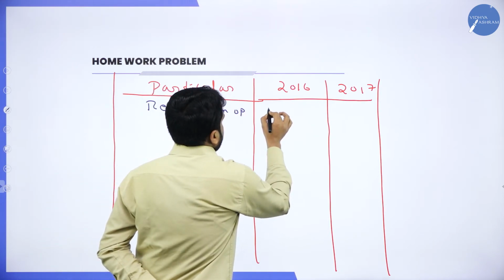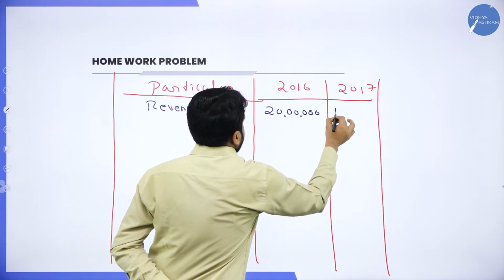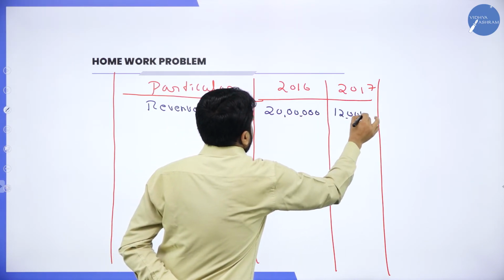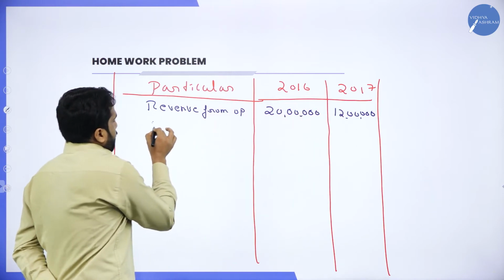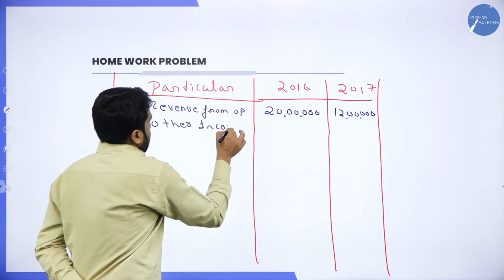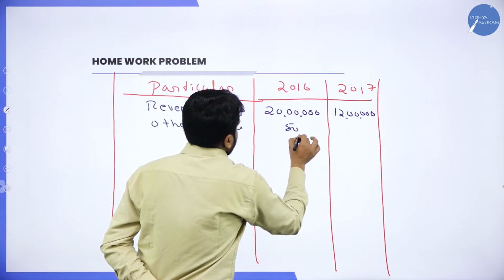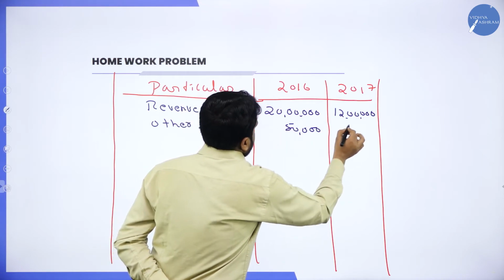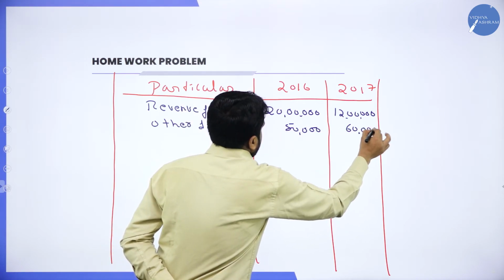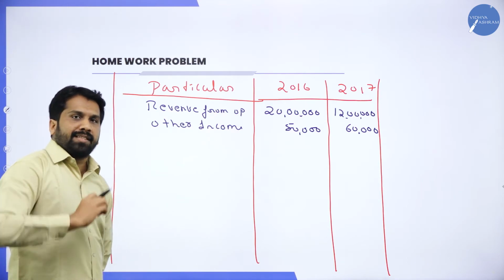The first one is 20 lakh and the second one 12 lakh. Other income: the first one 50,000 and the second one 60,000.